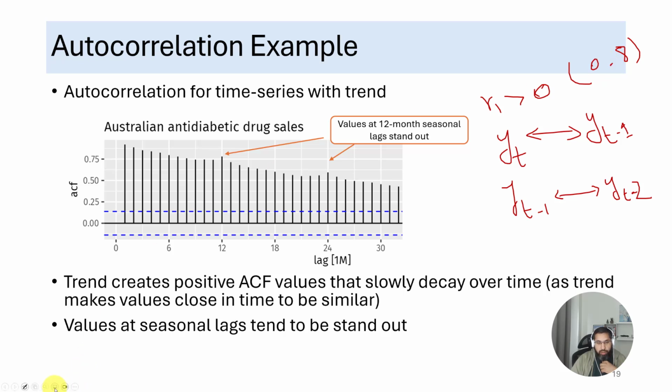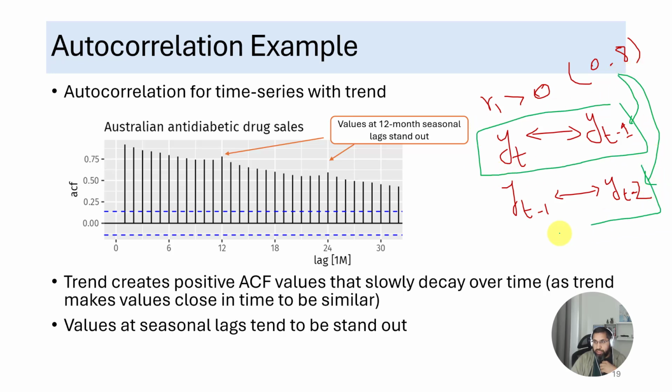So this 0.8 applies to this relationship and also equally well to this relationship. Why? Because the lag is 1. Now what do we see? Well, YT is related to YT minus 1, and YT minus 1 is related to YT minus 2 by R1, just by R1.